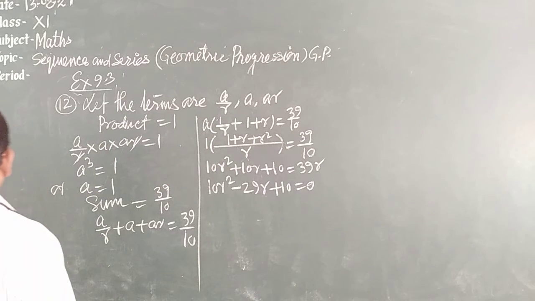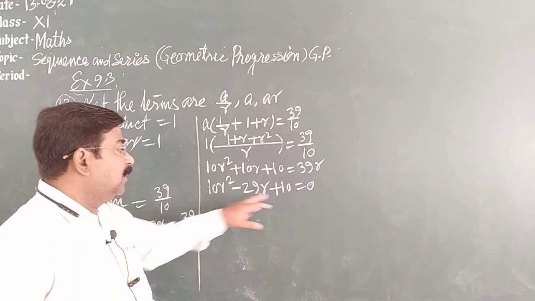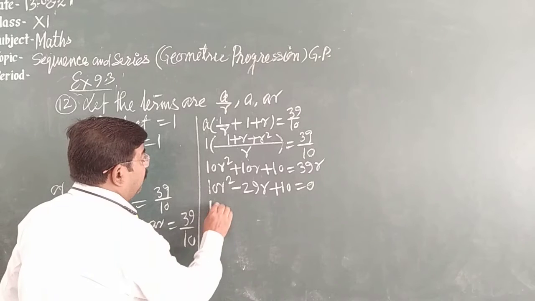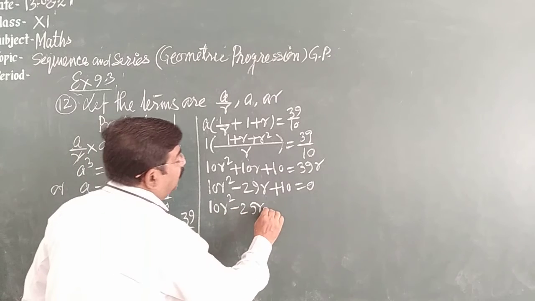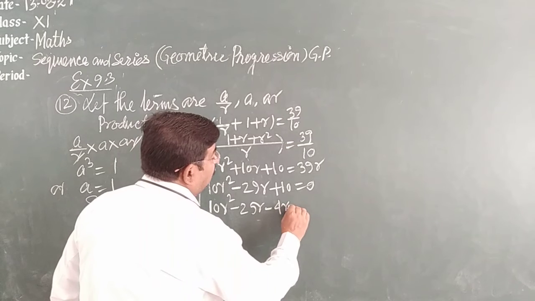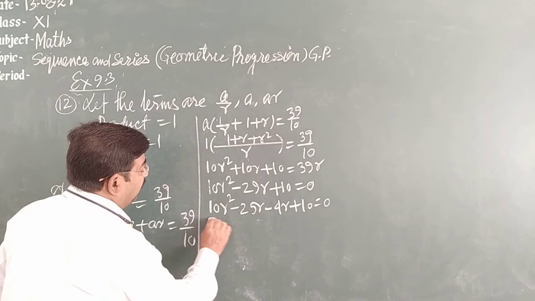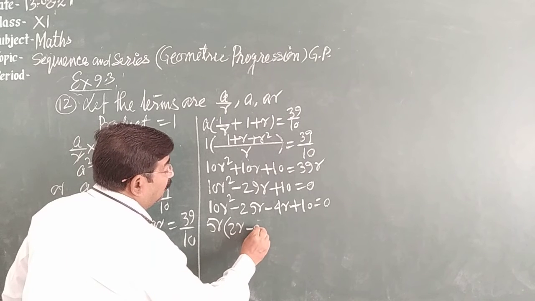This is a quadratic equation. 10 tens are 100, 25 fours are 100, and 25 plus 4 is 29. So we have 10r square minus 25r minus 4r plus 10 is equal to 0. Here we have 5r common, then we have 2r minus 5.